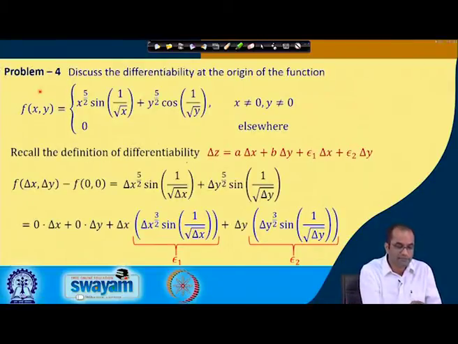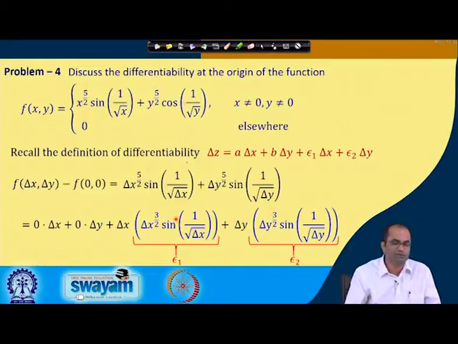So, in that case this function is differentiable, because we can easily express this function in this form: a times delta x, where a is going to be the partial derivative of that function at 0 0 with respect to x, and b is the partial derivative with respect to y at the 0 0 point, times delta y, plus delta x epsilon 1 term, delta y epsilon 2 term.